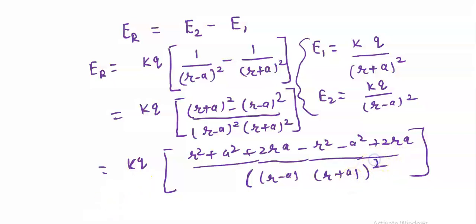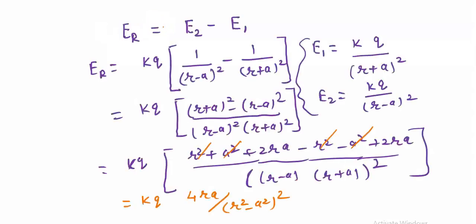Okay, like this we can write R minus A into R plus A whole square. In the very next step, we can further solve this. You see this A square, R square, they are cancelled. 2RA will become 4RA. So next step it will be KQ, okay, 4RA upon R square minus A square whole power 2, because R minus A into R plus A will be R square minus A square.